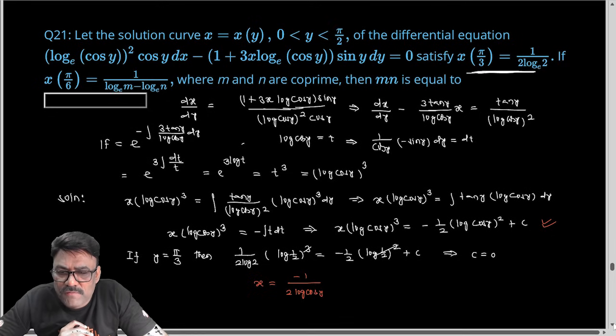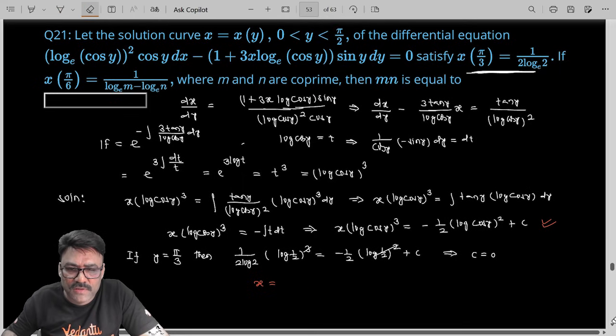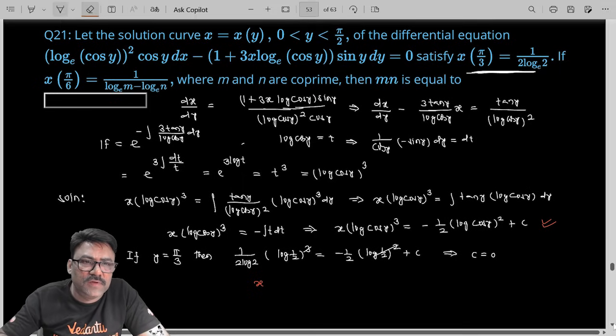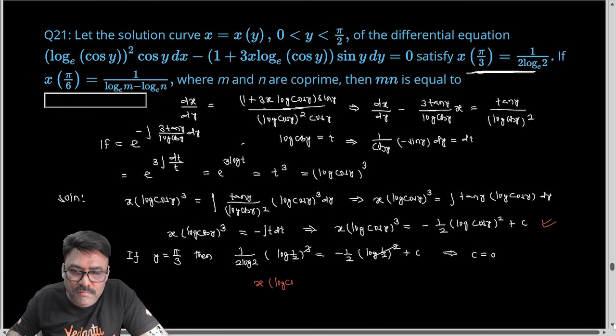Or you can say x log cos y will be -1/2. You can write it like this also, that will be better in fact. You will get x log cos y is equal to minus half.